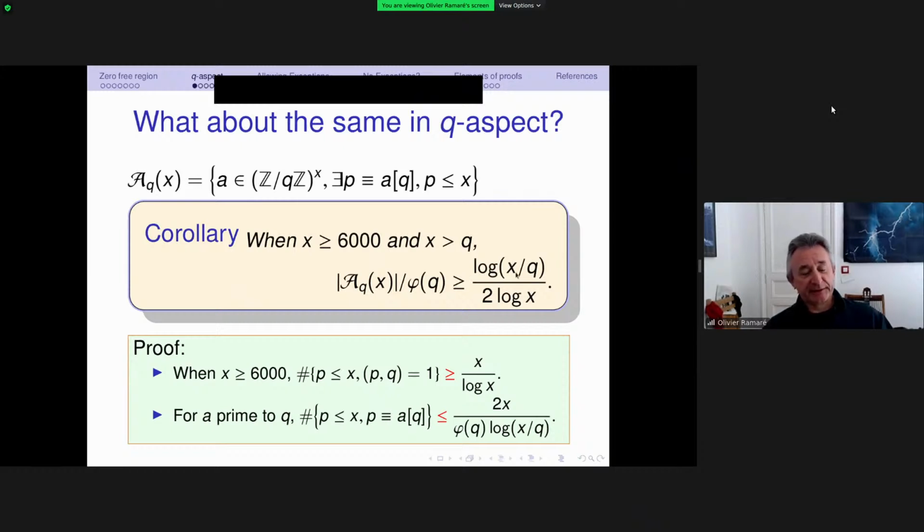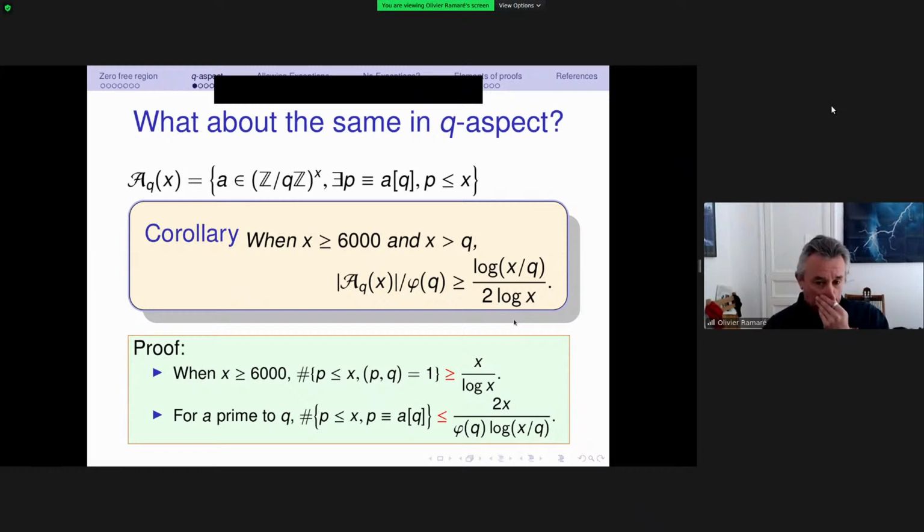So if you take x equal to q squared, you get that the number of classes that are covered is at least phi of q by 4. And that's absolutely trivial to prove. We have very good explicit bounds for the number of primes up to x. And the Brun-Titchmarsh inequality of Montgomery and Vaughan does the rest.